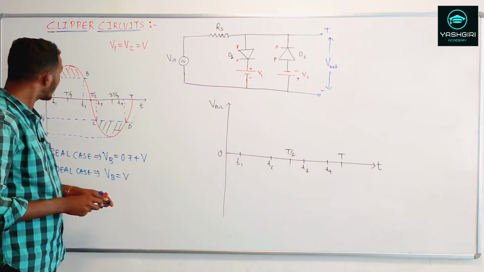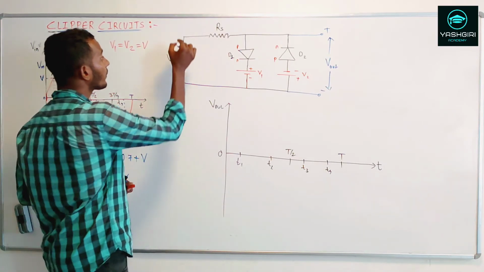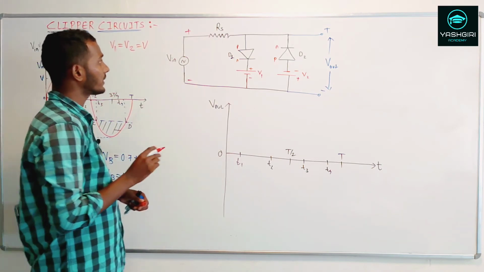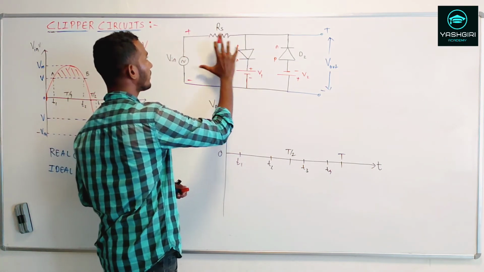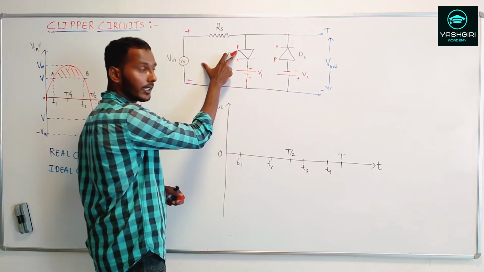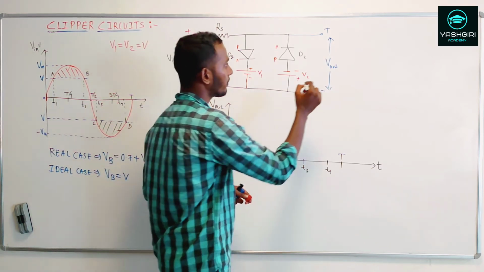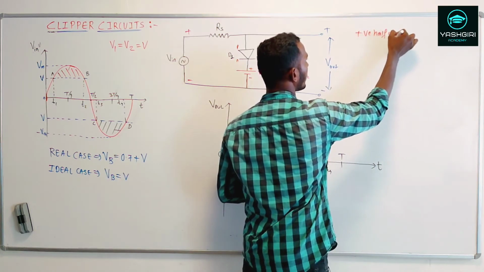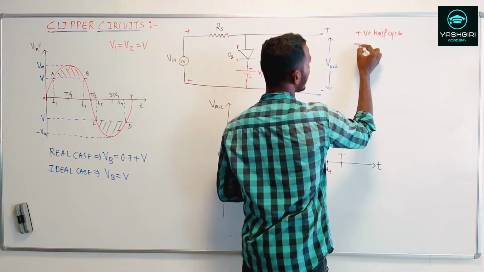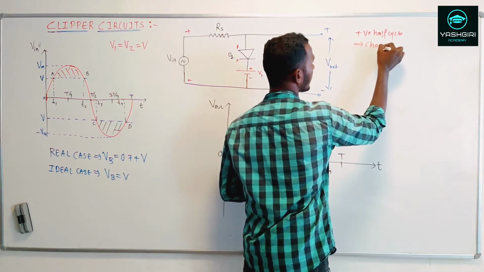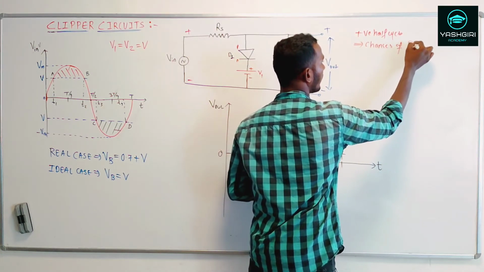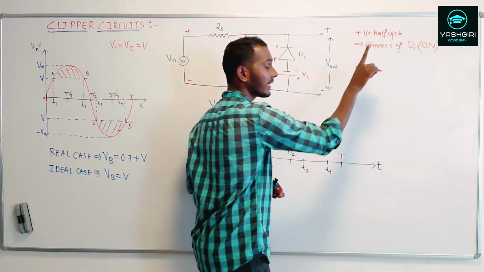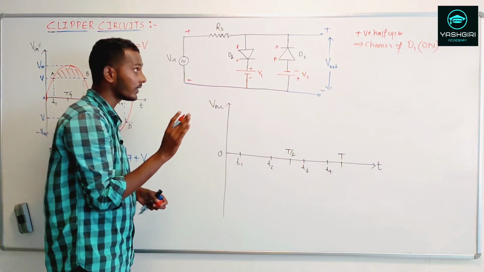Now for the first positive half cycle, let's consider this first. Plus is connected to the P. That means for the first positive half cycle, there are some chances of D1 getting into the on state.